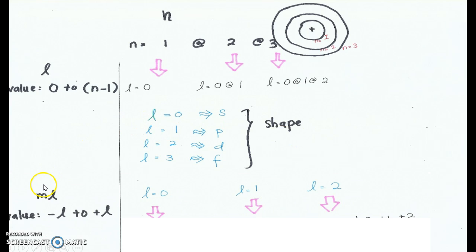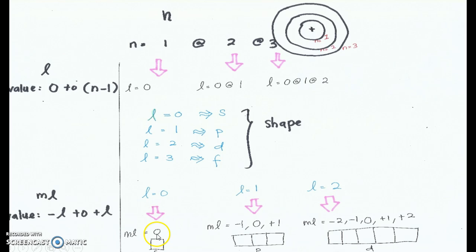Now we begin with ml. ml is the value from negative l to positive l. So if let's say you have l equal to 0, the value for ml is 0.